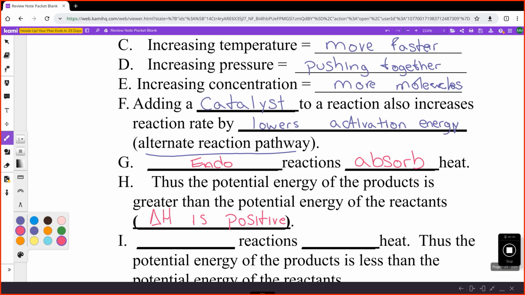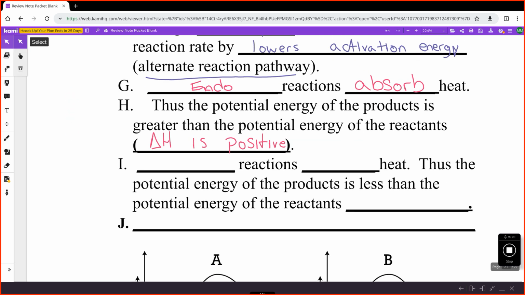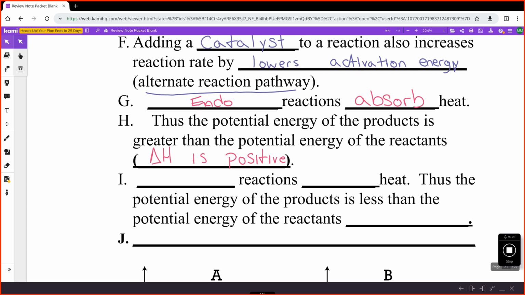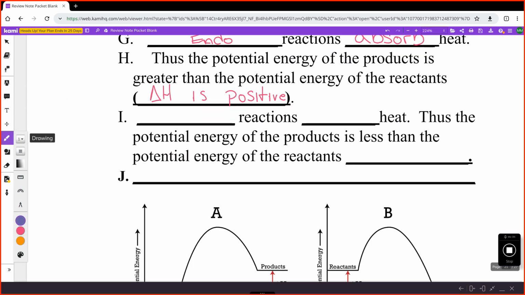Exothermic reactions are the exact opposite in every way as far as this definition is concerned. Exothermic reactions release heat, release energy.